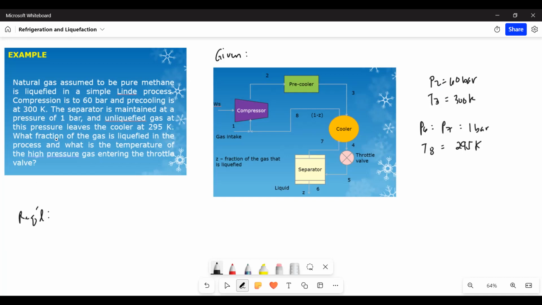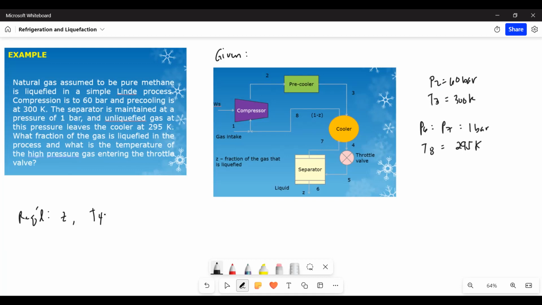What fraction of the gas is liquefied? That is Z. And what is the temperature of the high pressure gas entering the throttle valve? So we're looking for Z and the temperature of the high pressure gas entering the throttle valve, T4.